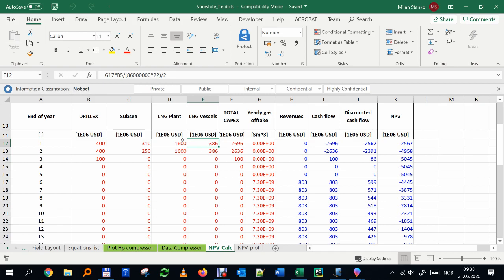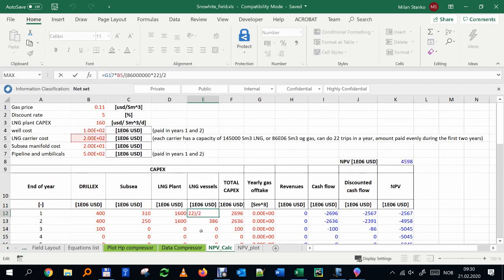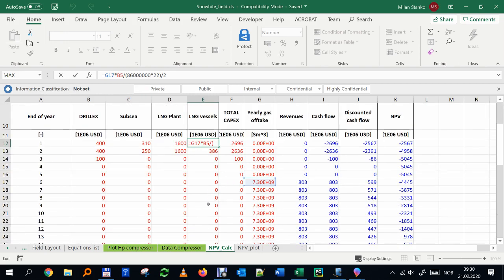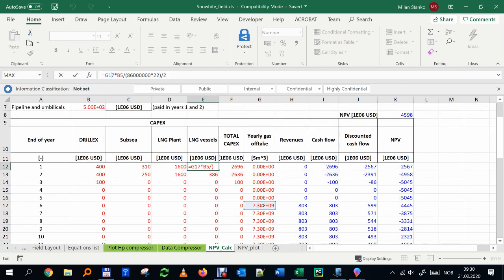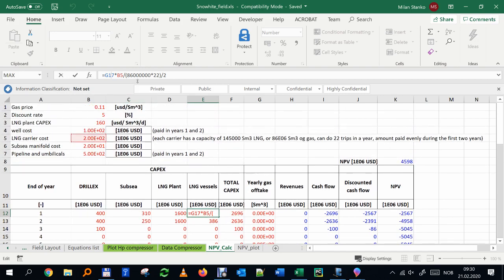So vessels, I say the annual production, how much I produce, and that has to be the maximum, because I have to have the number of vessels to take the maximum production. Later I can decide if to sell one of these vessels, if to rent one of these vessels, or to do something else. But initially I need to transport this amount of gas. So I say each vessel can carry this 86 million, and can make 22 trips every year.